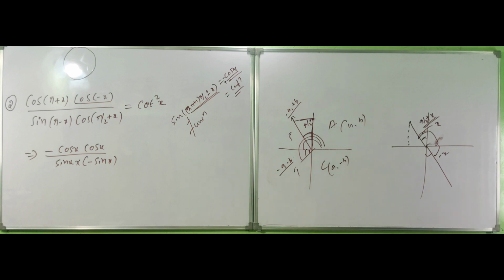So you have to take this one instead, which gives pi by 2 minus of minus x. Then apply the cos: this is minus B, this is the positive A. Cos of pi by 2 plus x means pi by 2 minus of minus x, which gives minus B. What is minus B? Minus B is sin x.